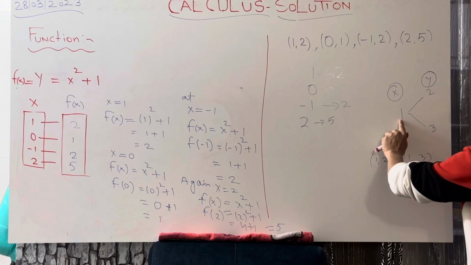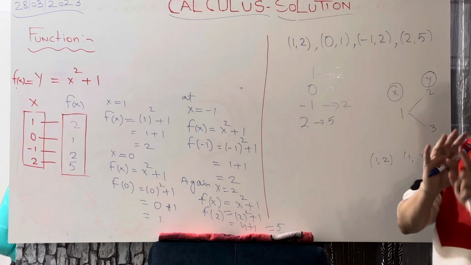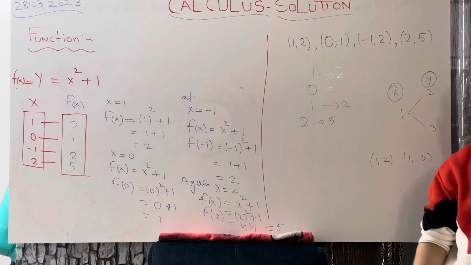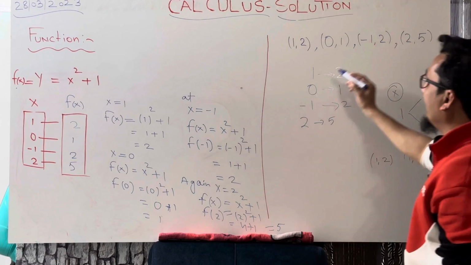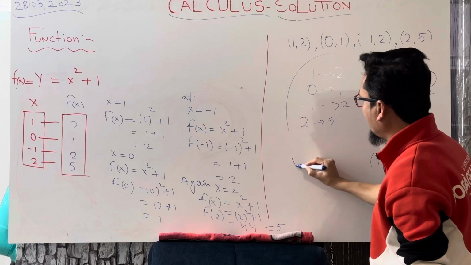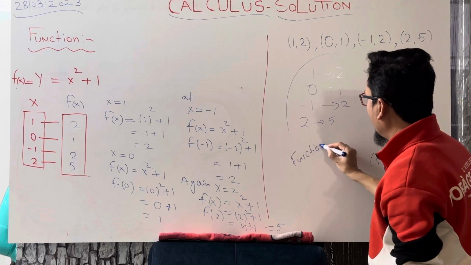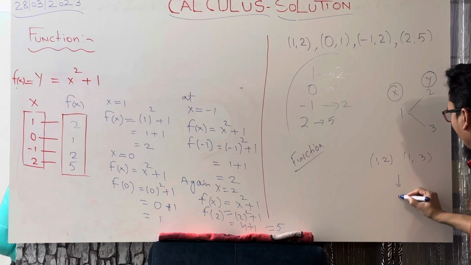Means input is 1 but outputs are 2 and 3. When you see one input and two outputs, it is not a function. One input with one unique output, then we can say it is a function. I can give you an example. So this one is a function, and this one is not a function.